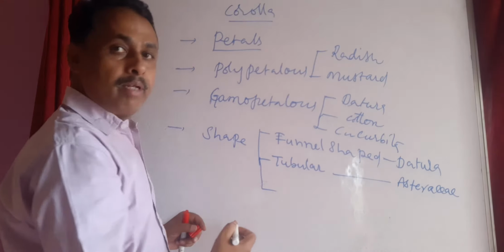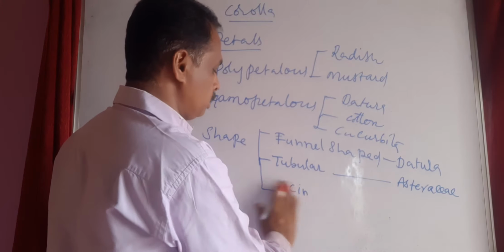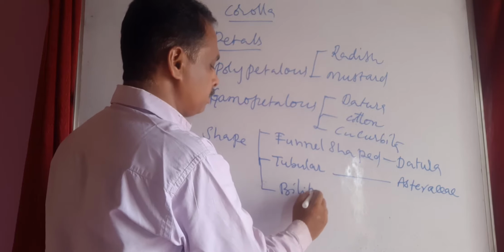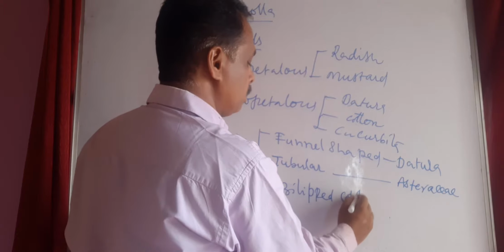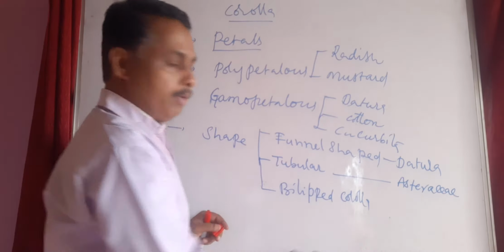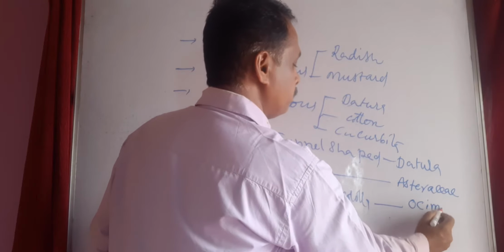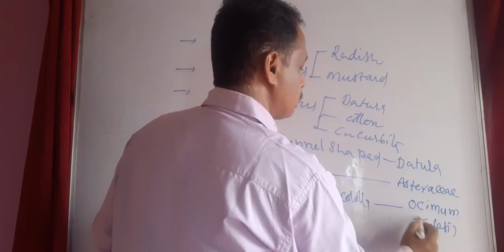And the next one is ocimum. Here is a bilobed corolla, which is seen in ocimum, Ocimum tulasi.